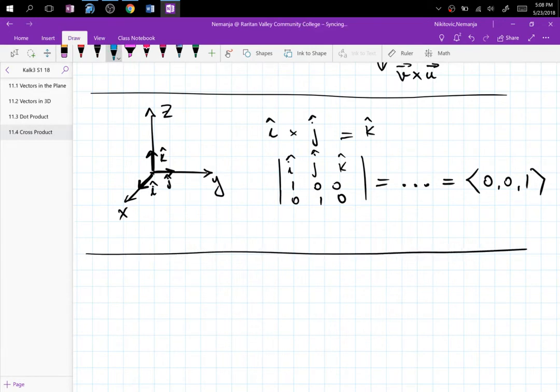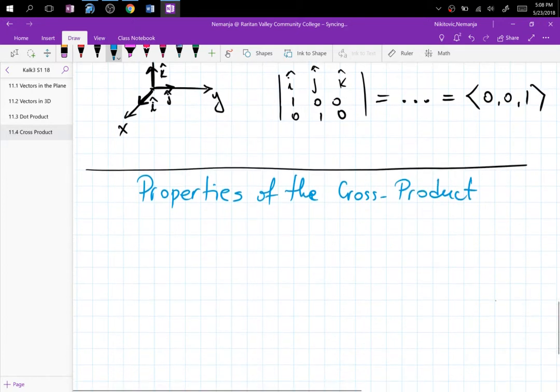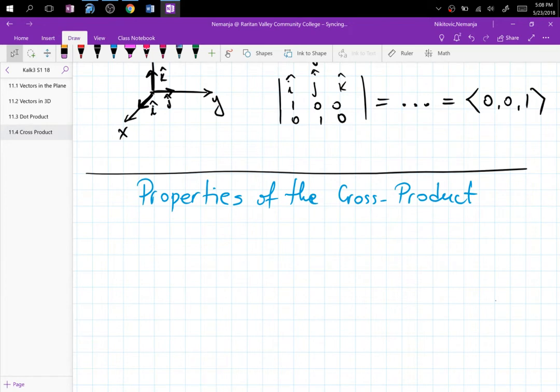And now we have the properties of the cross product. Number one, they call it the anti-commutative property. So u cross v is equal to negative v cross u.